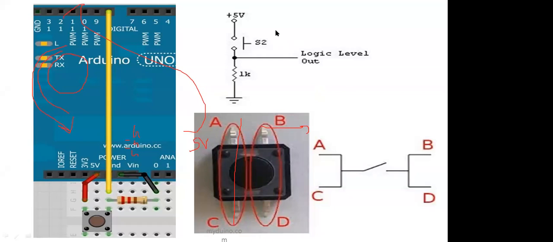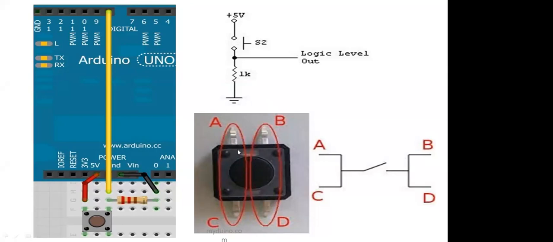Okay. So in this push button, you can see there are two things over here. So what we can use. In this push button, this one is the connection that I told you earlier also. This one is working as a pull down resistor. So how can we connect the push button?